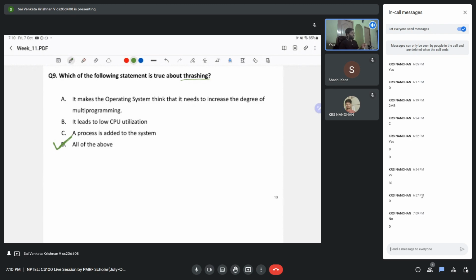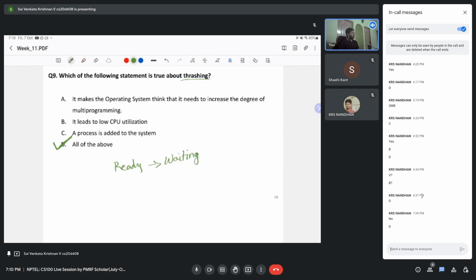A page fault means you are waiting for a disk operation to bring your page from the disk into main memory. Once the request goes to the disk I/O, your process would be moved from the ready queue to the waiting state.